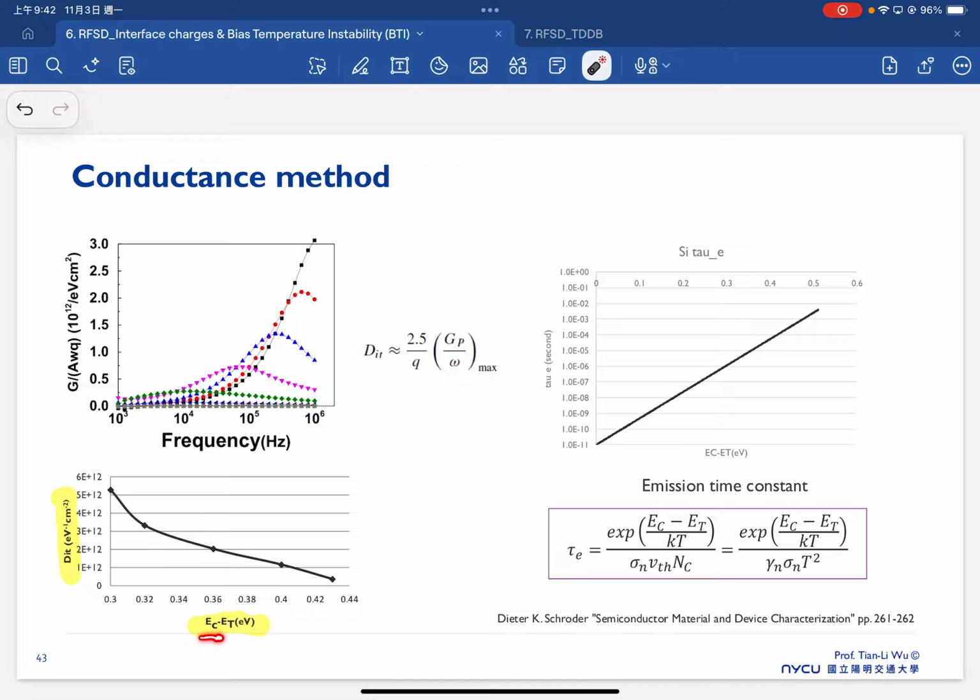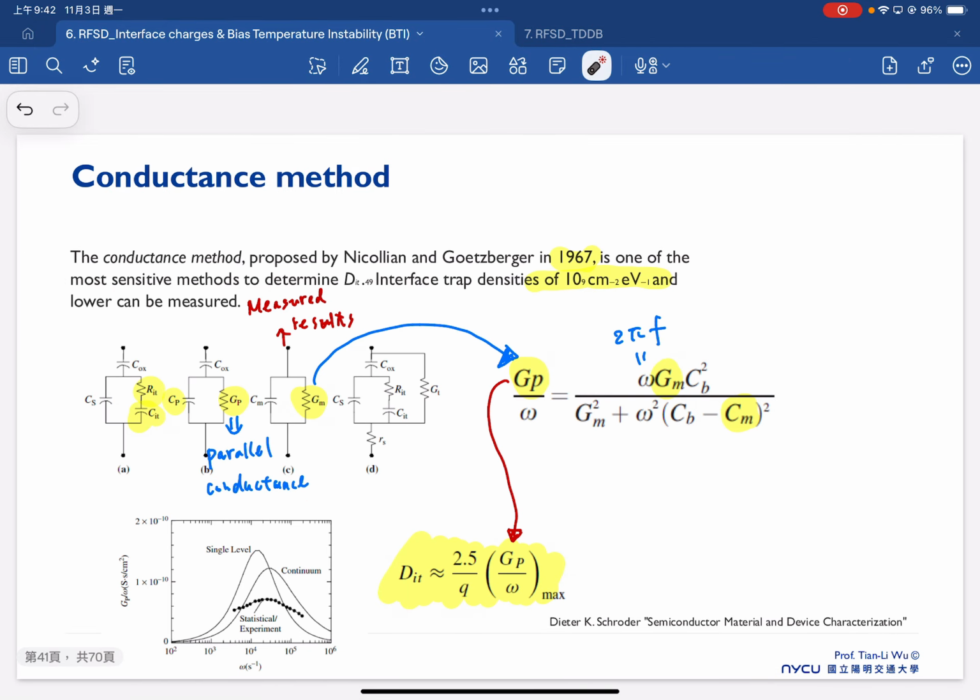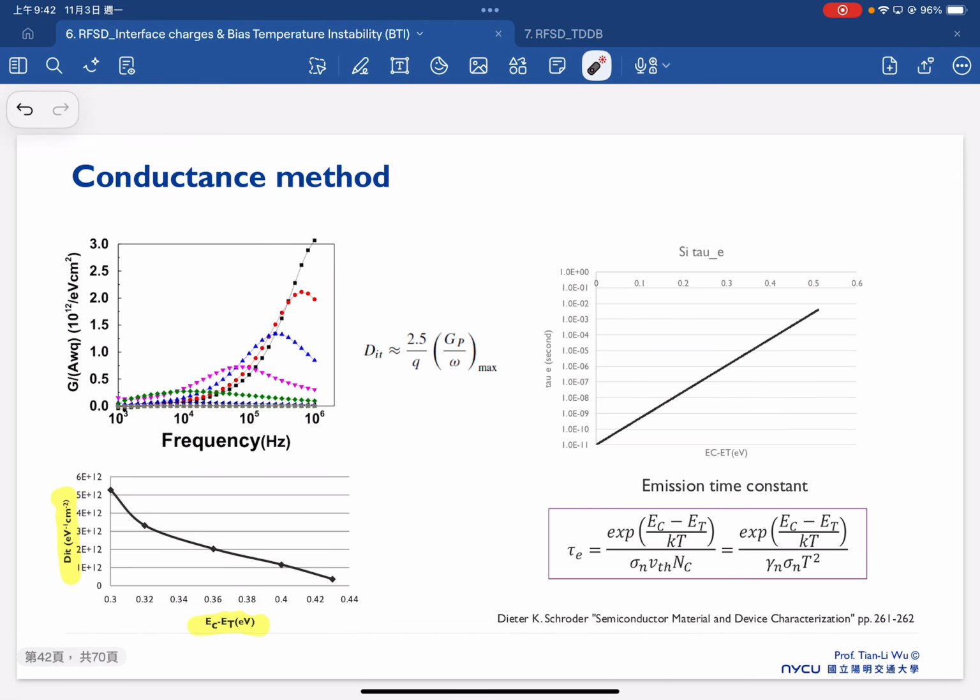But how do we get this plot? So let's do it one by one. First of all, from the previous equation, we already know that we have the GP here, and we have a frequency here. So basically, with a different bias, we can start to make the graph in this way, where we have the conductance versus the frequency.